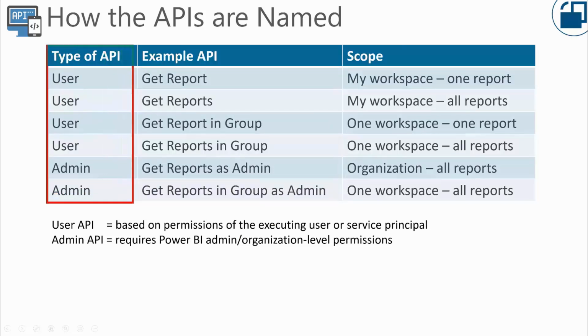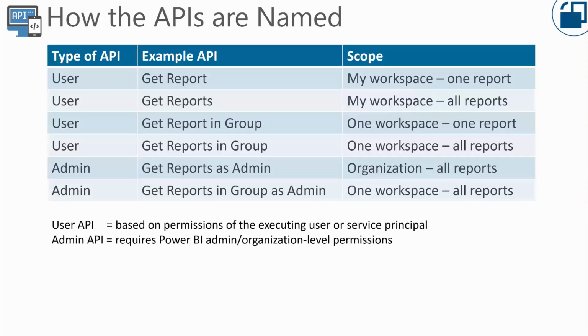One is if it's a user scope or an admin scope, right? User scope is really just going to be based on the executing person's permissions, as opposed to the admin API, which means, hey, I'm allowed to get this tenant-wide data, even if I don't have any permissions to the content itself, right?